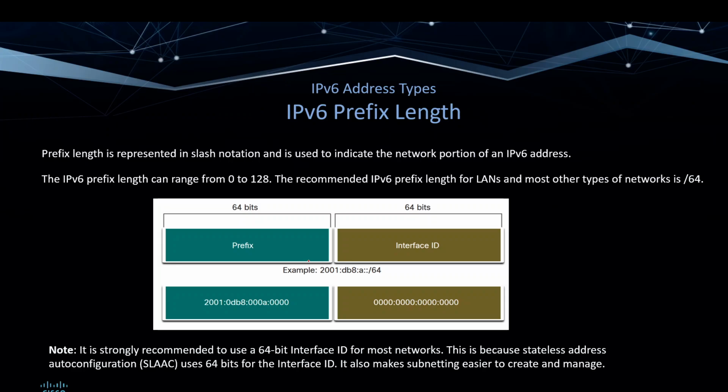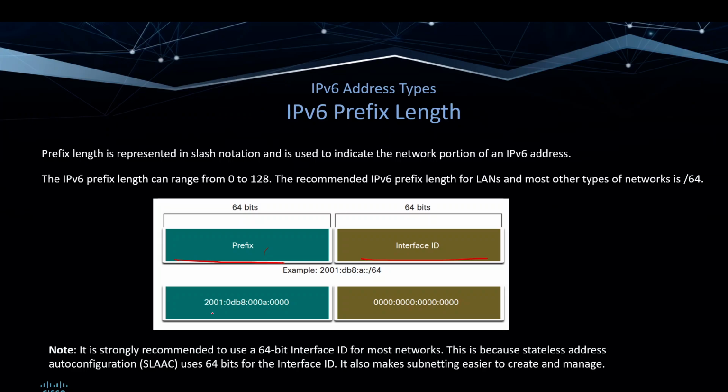And then, as you can see here, the IPv6 address also has two portions like IPv4. In IPv4, we have the network portion and the host portion. In IPv6, we have the prefix and the interface ID. Most of the time, they are 64 bits for the prefix and 64 bits for the interface ID, as you can see here.